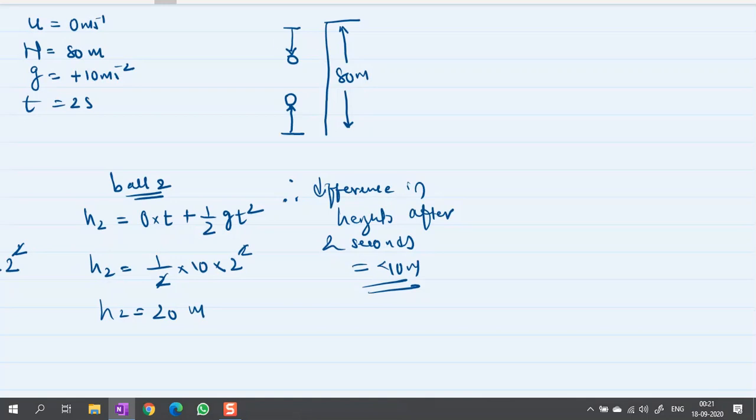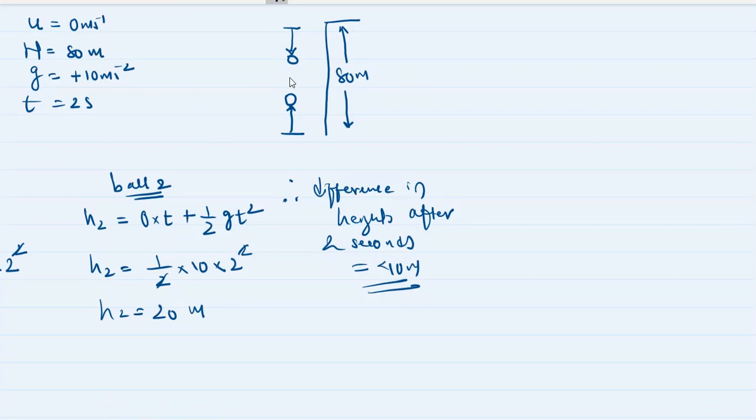So what we have to do is take this point of collision at a distance of x meter from the ground, such that it will be at a distance of 80 minus x meter from the top. From the top, the distance will be 80 minus x meters, and from the ground, the distance will be x meters.